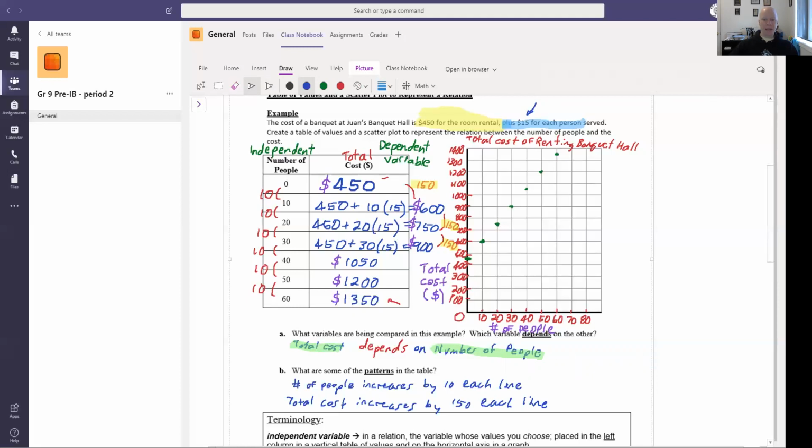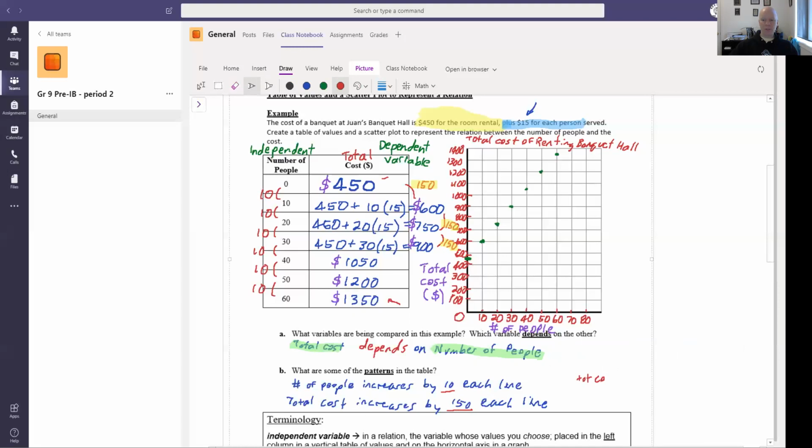Then we notice that the number of people increases by 10 people, and the total cost increases by $150. Well, how did those two values relate to each other when we know that each person is charged $15? What if we were to take the total cost?